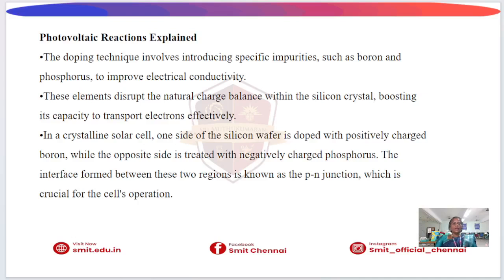To improve the electrical conductivity of silicon, a process called doping is used. During doping, specific impurities such as boron and phosphorus are added to the silicon crystal. These impurities alter the electrical properties of silicon and increase its ability to conduct charge carriers.